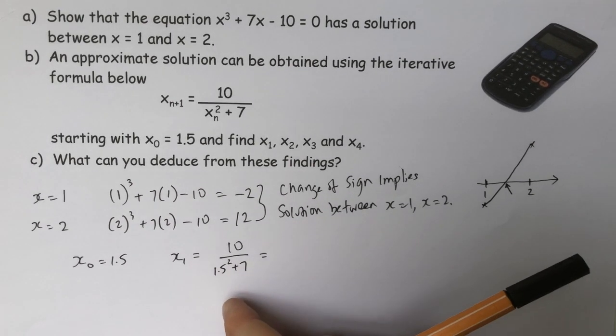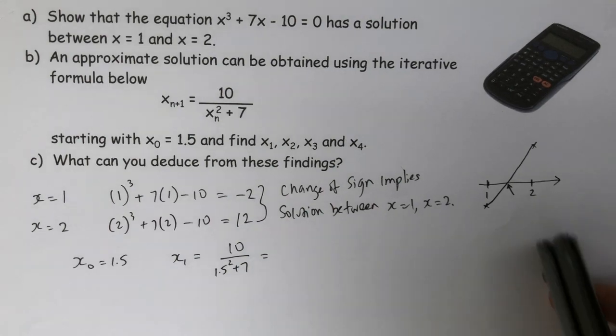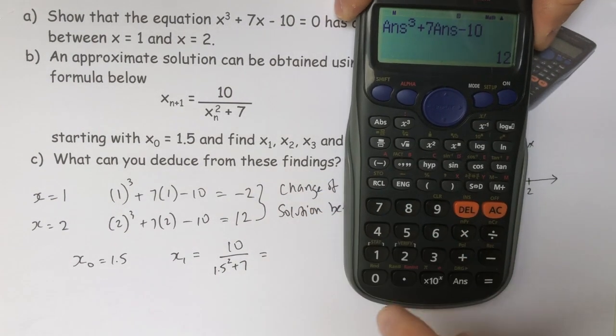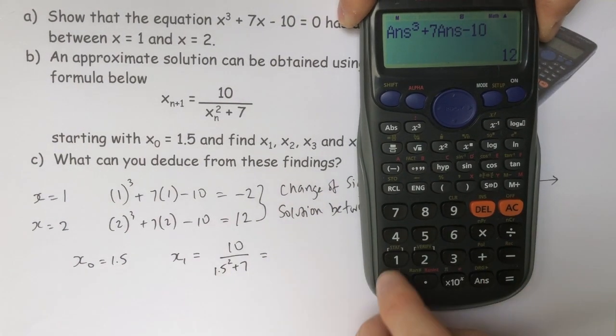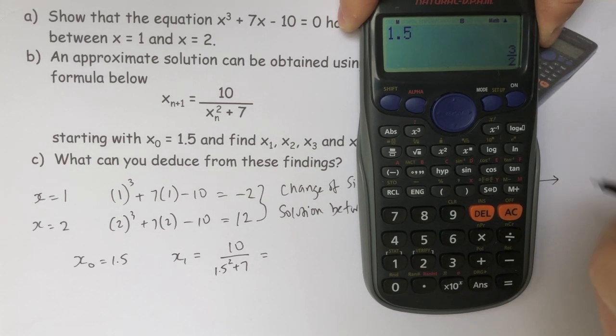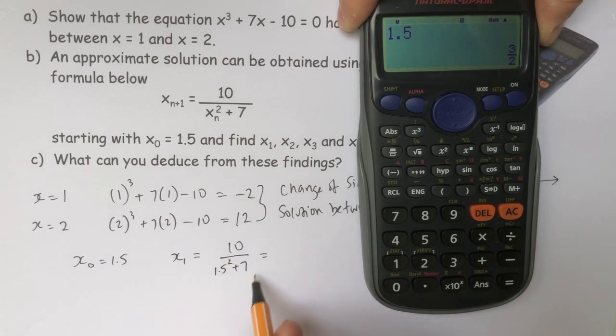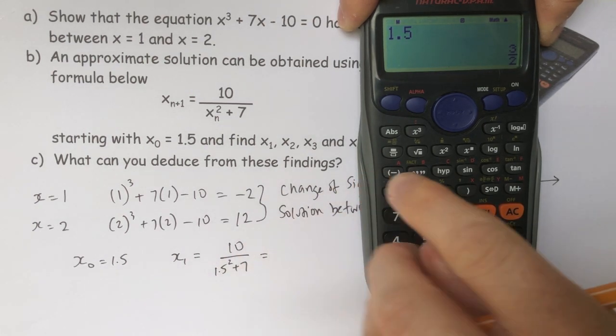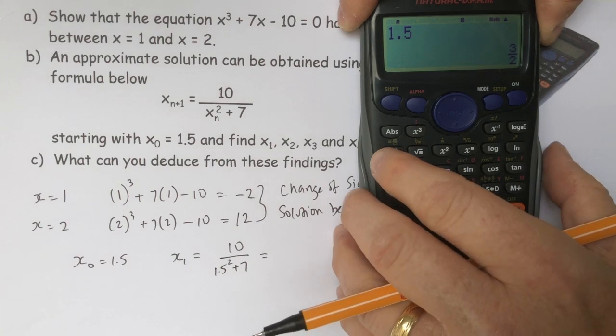Now I only write that out once because I let the calculator do all the work. Again, if I was to type in 1.5 and press equals, that stores 1.5 in the answer button. I can then type this into the calculator using all the buttons available.